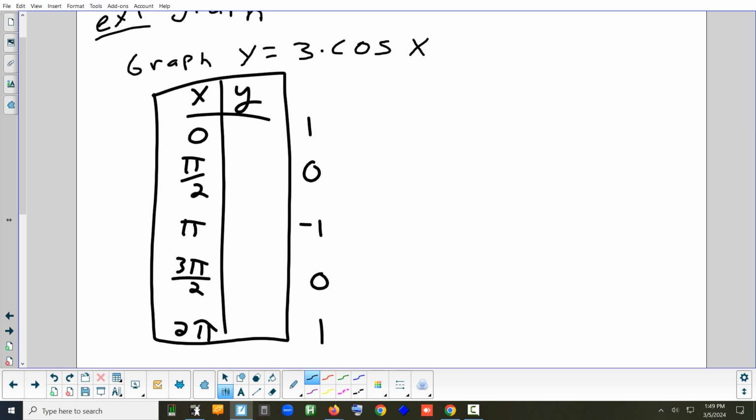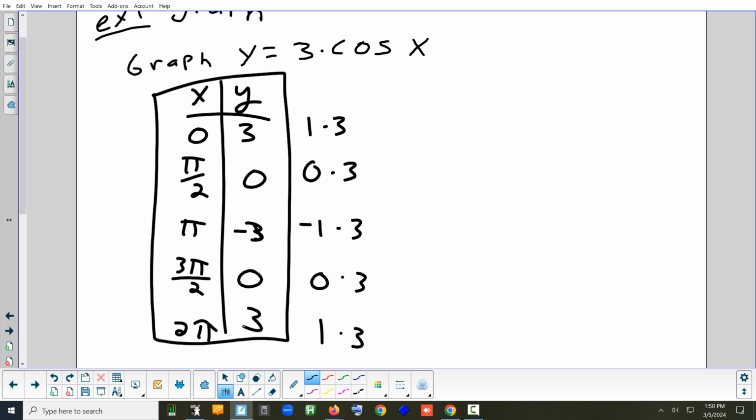Multiply by 3. So what are going to be my new y values? 3, 0, negative 3, 0, 3. Yep, those are your new y values.